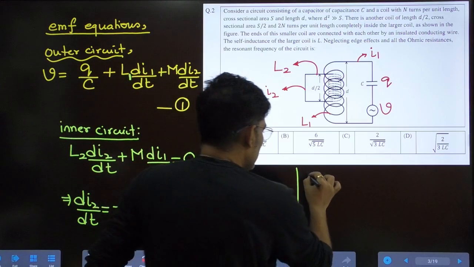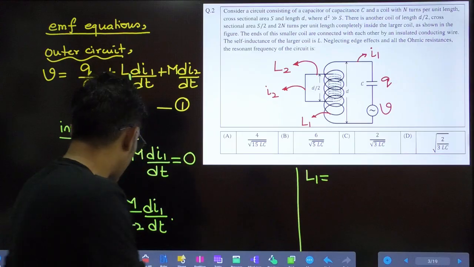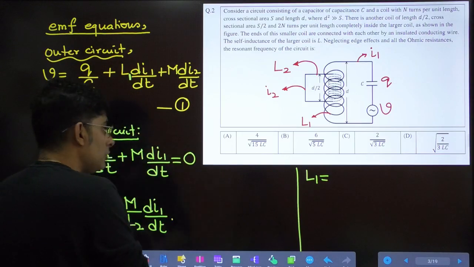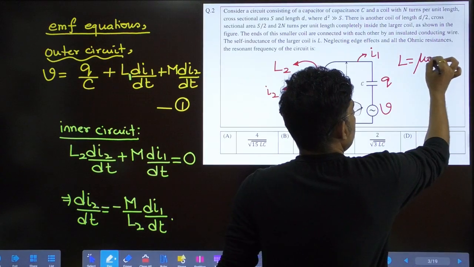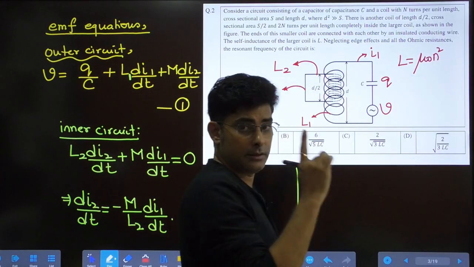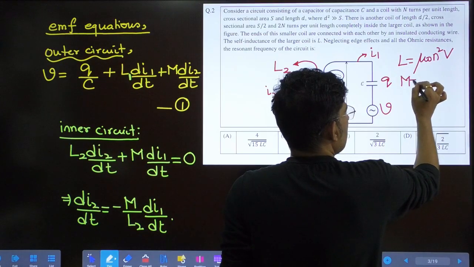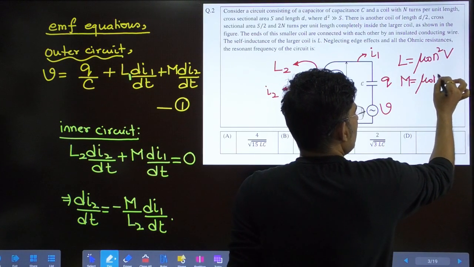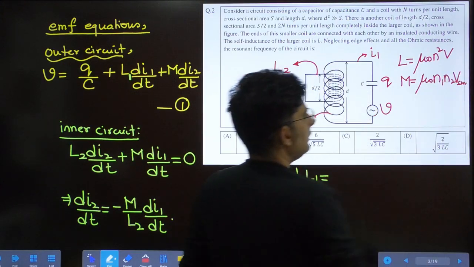So if I write the values, what is L1? We know the self-inductance formula, everyone should be knowing these two basic things. Self-inductance is given as mu naught, number of turns per unit length squared, into volume, whereas mutual induction between the coils is mu naught N1 N2 into volume of the smaller coil.